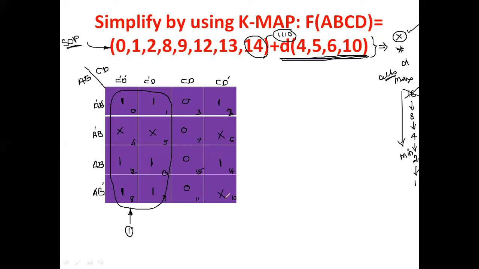It is not possible to group them in 8 cells. So next you move to 4 numbers of cells. For that you see here only 2 ones, and the remaining 2 in this particular column are don't care terms. So if you need them for the grouping, you can add them. Otherwise, you can leave it.